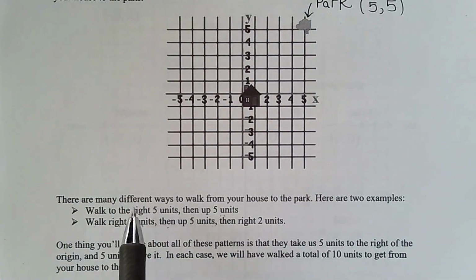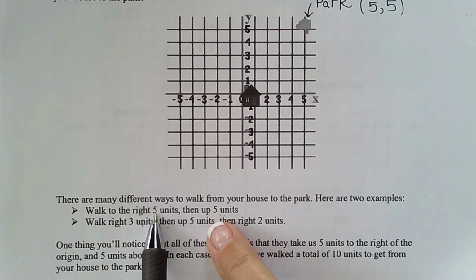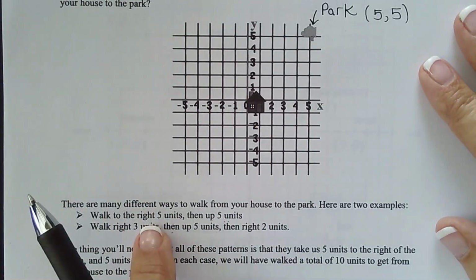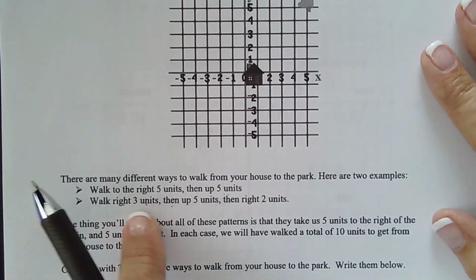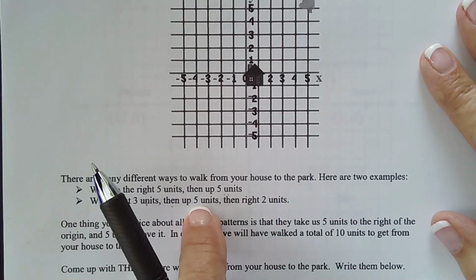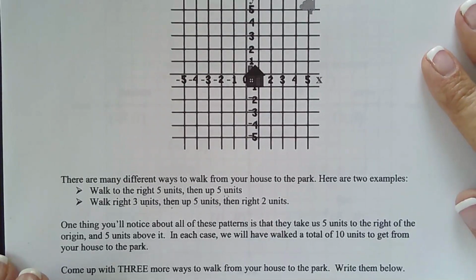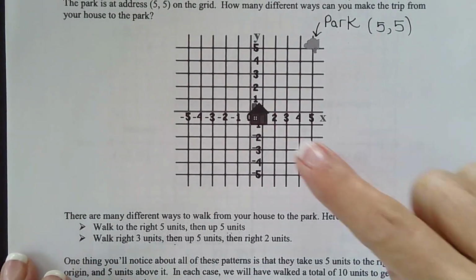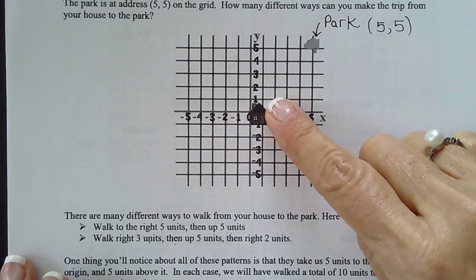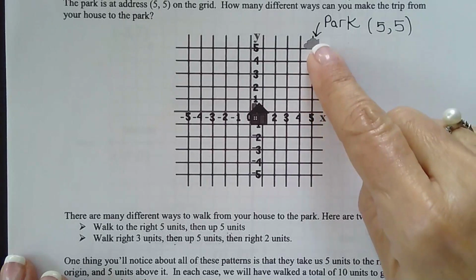And what I want you to notice is when we walk right 5 and up 5, it's 10 units. Well, when we take a little detour and make some extra turns, guess what? 8 plus 2, it's still 10 units. It's the same distance. So it doesn't matter whether we go right 5 and up 5, or if we just zigzag across the graph.